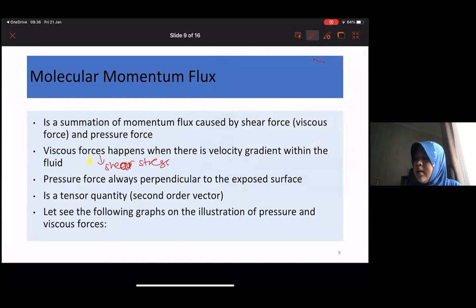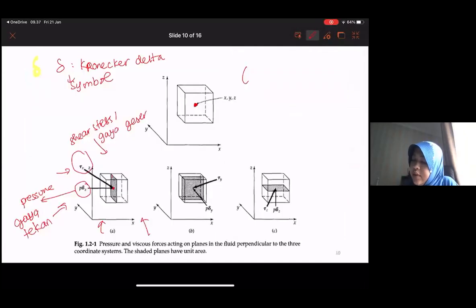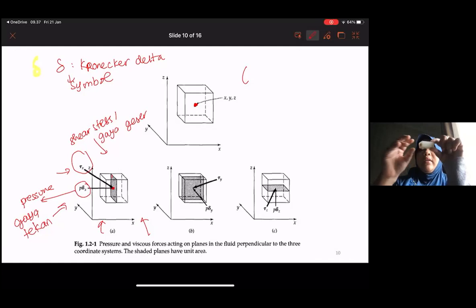Okay, so let's start, for example, with this point. This is the fluid, and this is a point in the fluid, in the area of xyz. We have to consider the area perpendicular to x, which is this one.